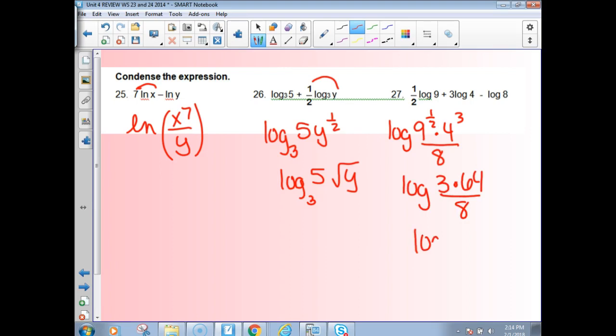So simplified, this is the log of 24. Yes? If it's that easy to simplify, yes. Because these are numbers. You can't do it to these. Okay?